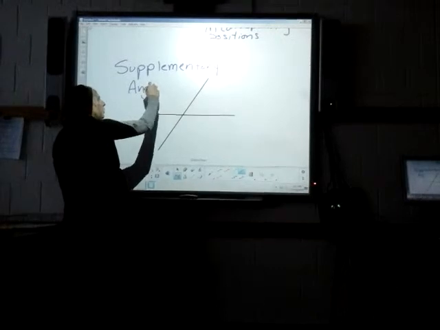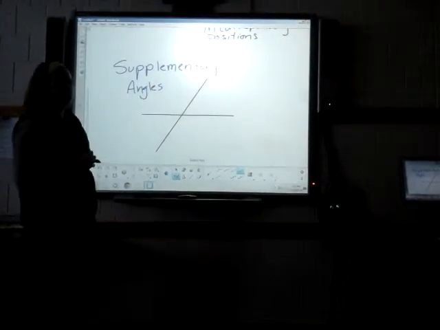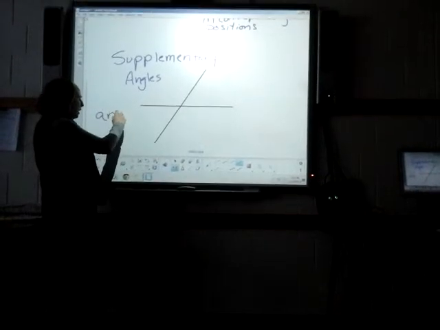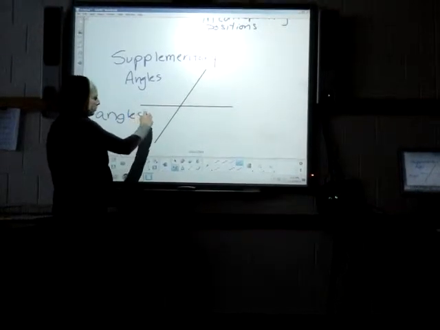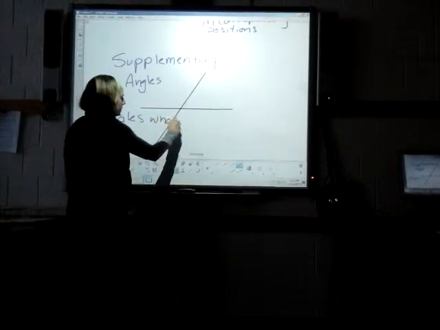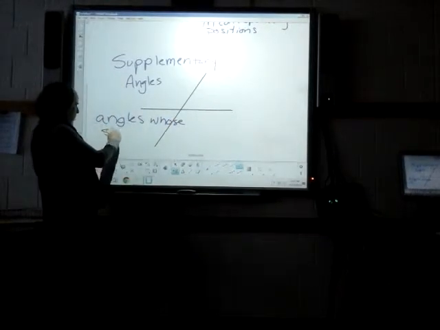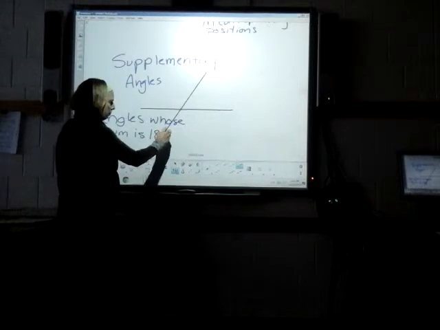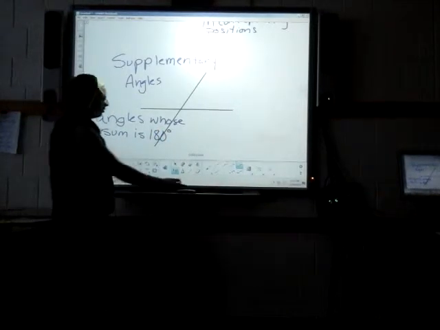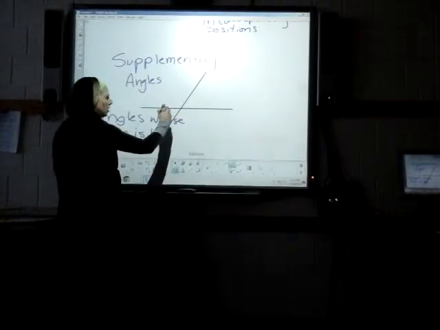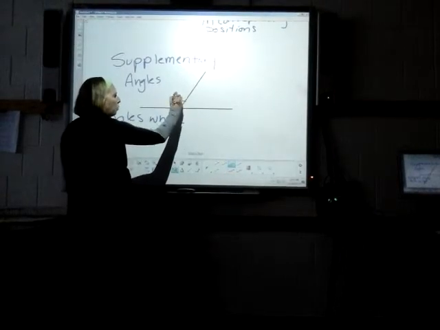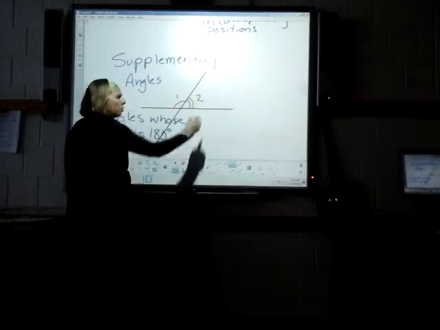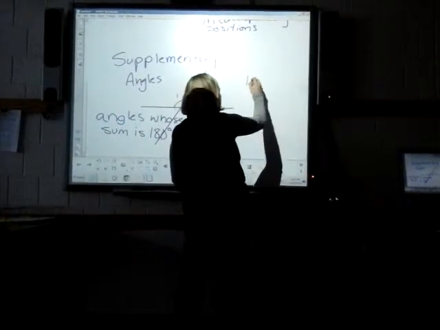You should have learned these from Ms. Driscoll last year. Supplementary angles are angles whose sum is 180 degrees. Okay, so in this particular case, we have angle 1 and angle 2 would be supplementary angles.